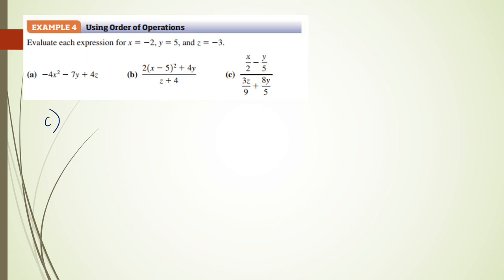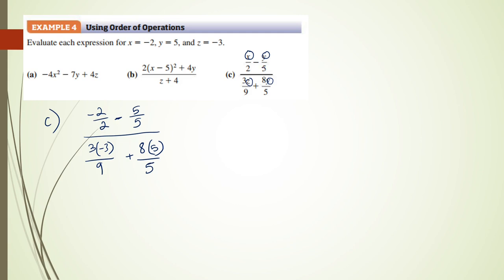Part C, again I'm going to do substitution with x, y, z into these letters, and we'll simplify from there. We have negative 2 divided by 2 minus 5 over 5, over 3 times negative 3, over 9 plus 8 times 5 over 5.